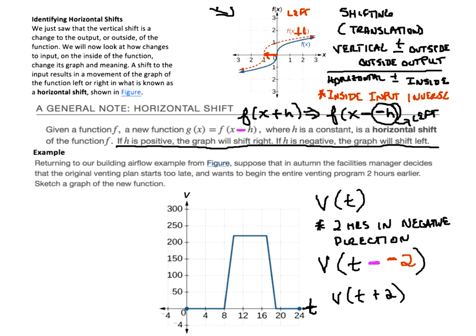If you think about it as inside, input, inverse, if somebody writes out the function for you, it's going to look like this. Since it's adding on the inside, which would normally make you think of going in the positive direction, you have to think the inverse. So it's going left. You actually subtract 2 from all of your input values. Your input gets shifted left 2 values.